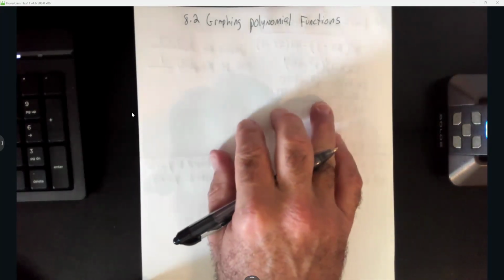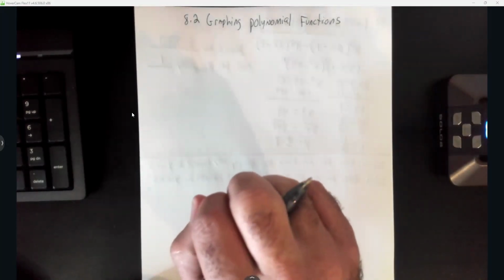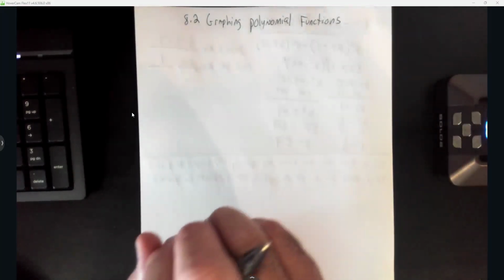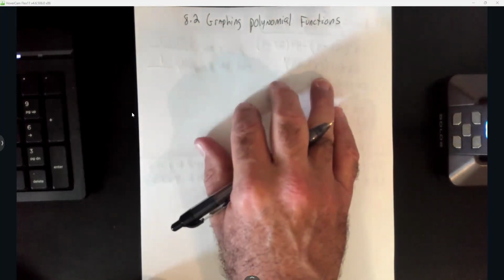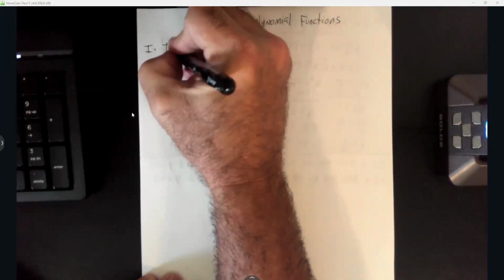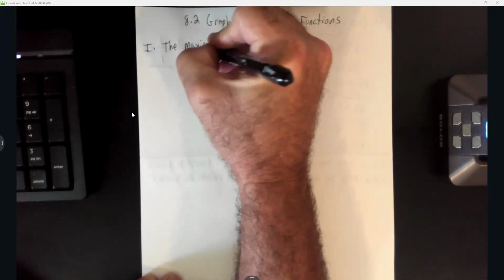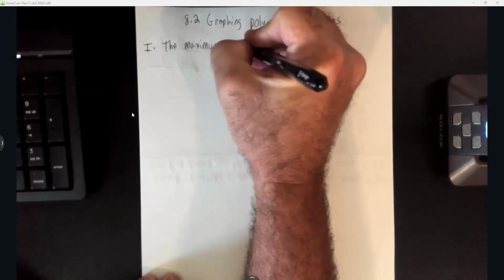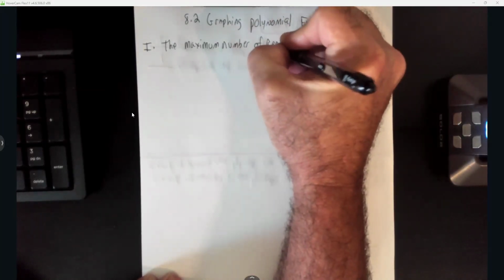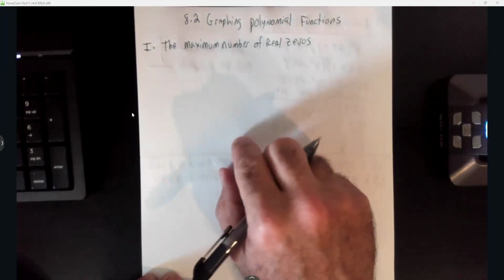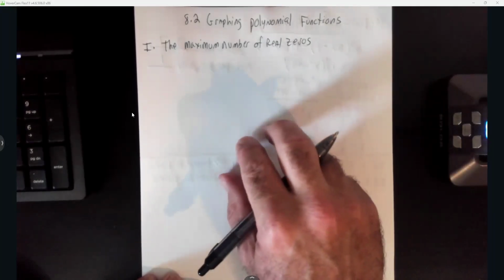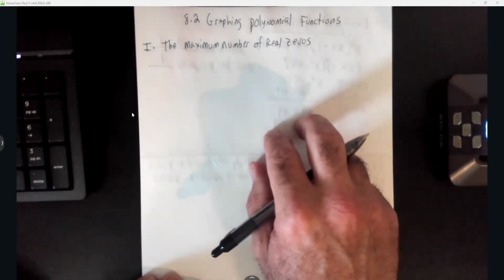So let's see. The first three questions deal with what's the maximum number of zeros you can have? What's the maximum number of x-intercepts you can have? What's the maximum number of terms you can have? So the maximum number of real zeros. Now we're talking about real zeros because some of these zeros can be imaginary if you're taking square roots of negative numbers on some of these, okay?